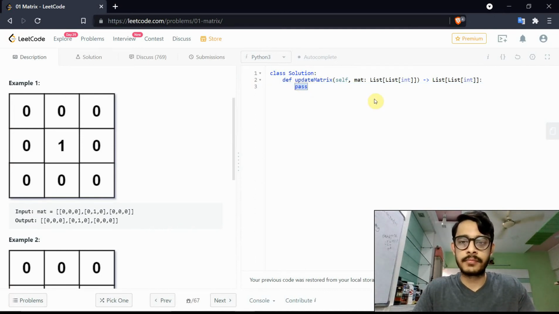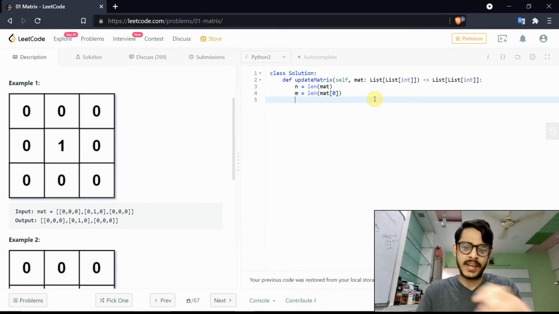So let's find n as the length of mat, and then we'll have m as the length of mat[0]. This is just for convenience's sake. And then we'll have an answer, which is another matrix.